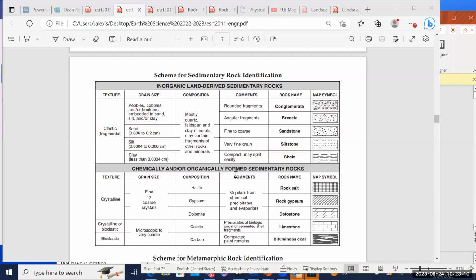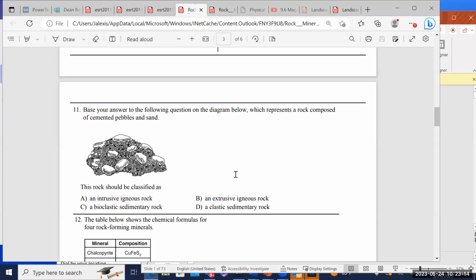That's why the answer is choice D. Let's take a look at number 12.